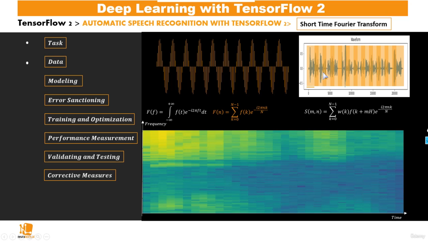We transpose that, we have the frequencies, and then for a given time the color represents the amplitude. Then we simply repeat this all through, and we now have our spectrogram, which is ready to be fed into our model.